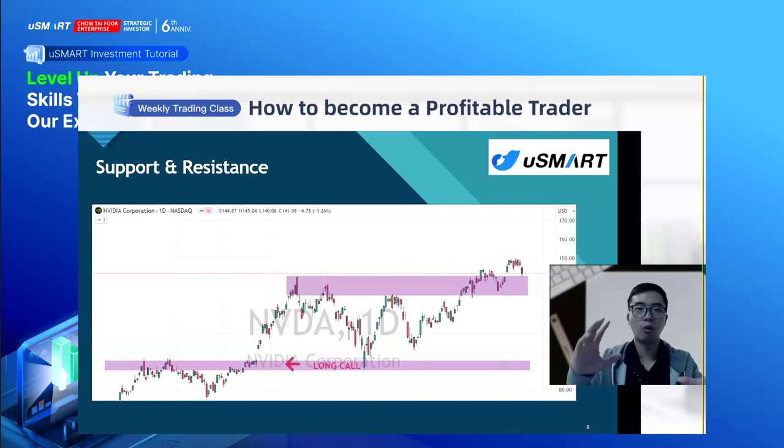When the market moves and retraces, usually when it hits certain prices, it will stop dropping. Then it will form a support there, preventing the market from collapsing. When it hits the support, it will bounce up.